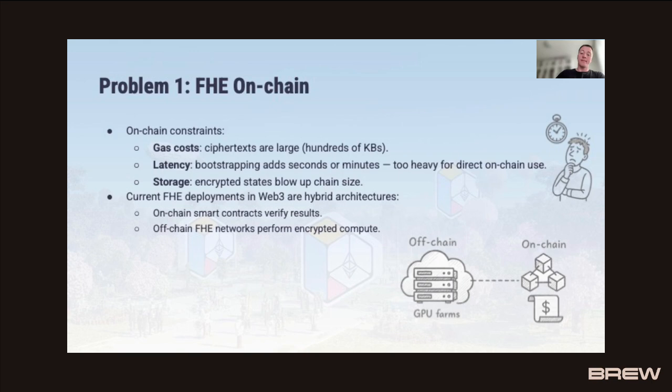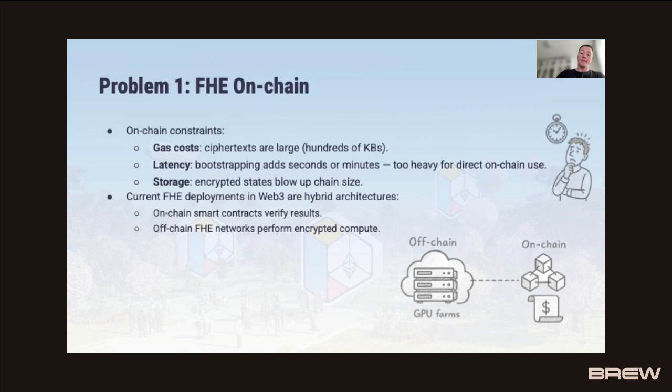Then there's also a problem with latency, because the FHE that we know today is designed in a way that an error is an inherent part of it. When you encrypt something, you also add some noise, some error, to the ciphertext. If you multiply two ciphertexts, then these two errors, these two noises, are also multiplied and get much bigger.